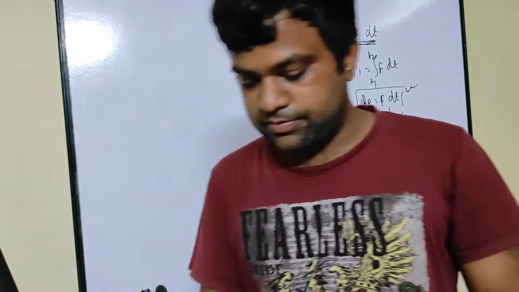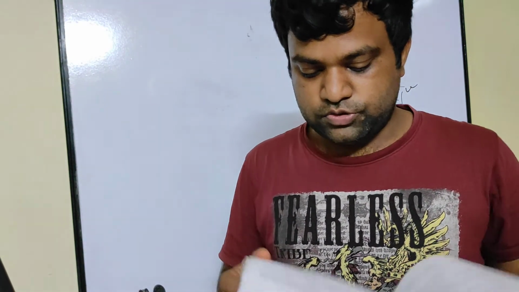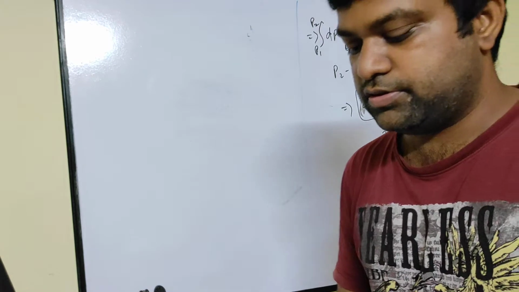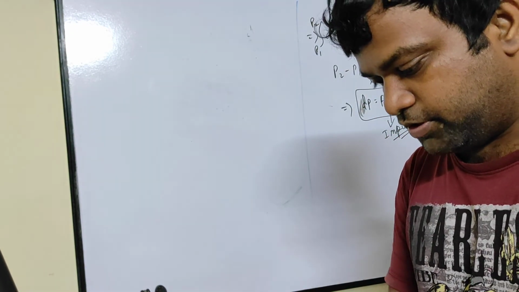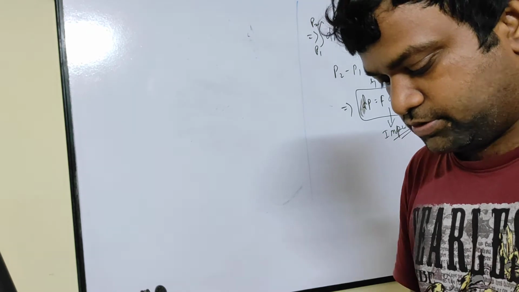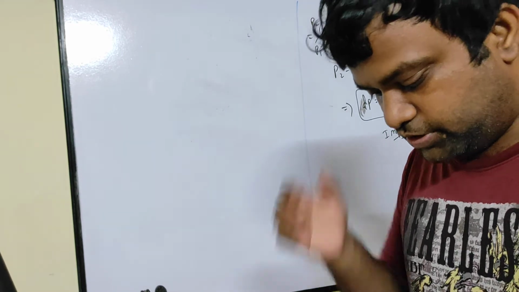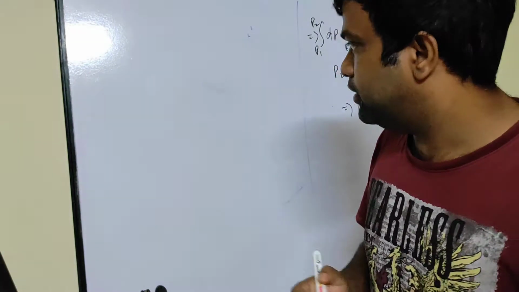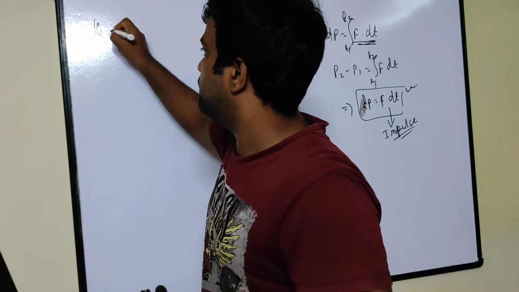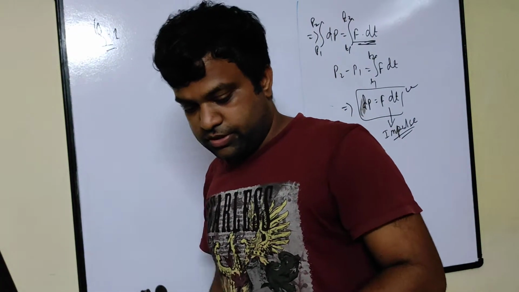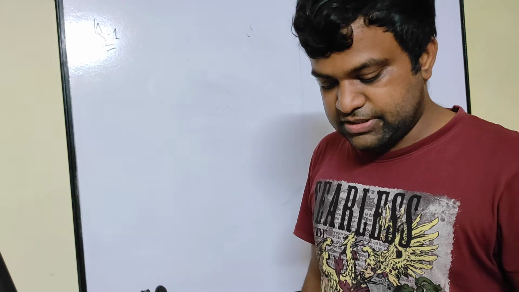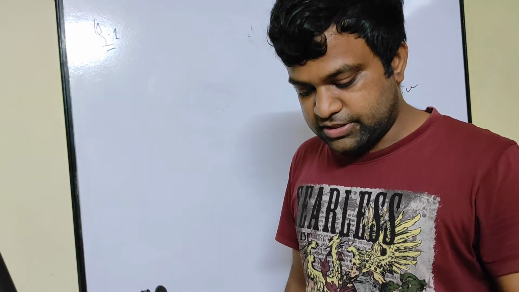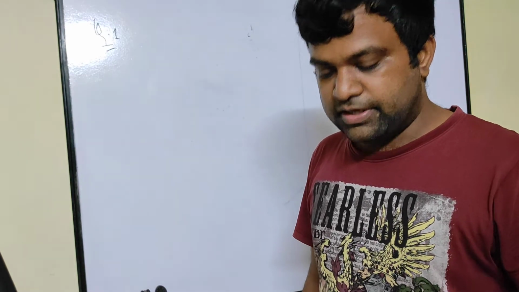So the problem is like this. Two situations we will discuss. In one situation, this is question number 1: a particle of mass m moving with a uniform velocity v1 is given an impulse such that the velocity becomes v2. Find the impulse.